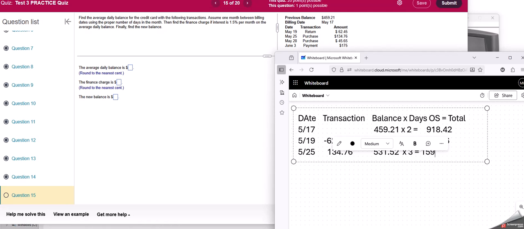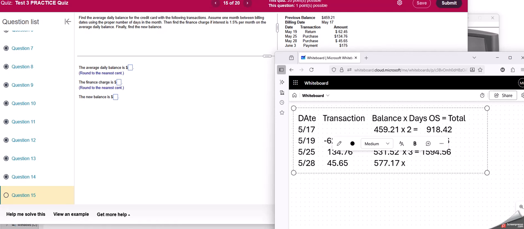So $1,594.56 is our total. Then on the 28th, again, the balance is going to go up because we're making a purchase, $45.65. So we add $45.65, then the balance goes up to $577.17.